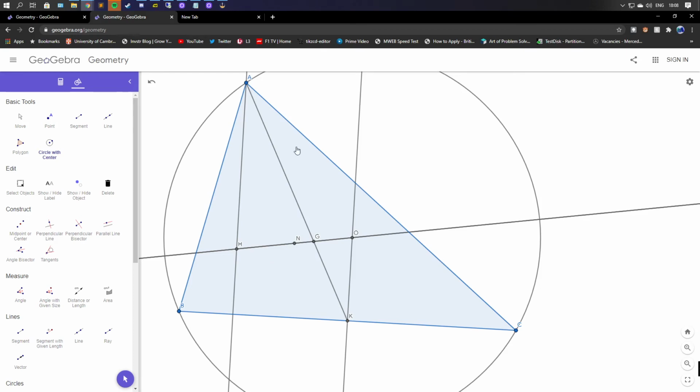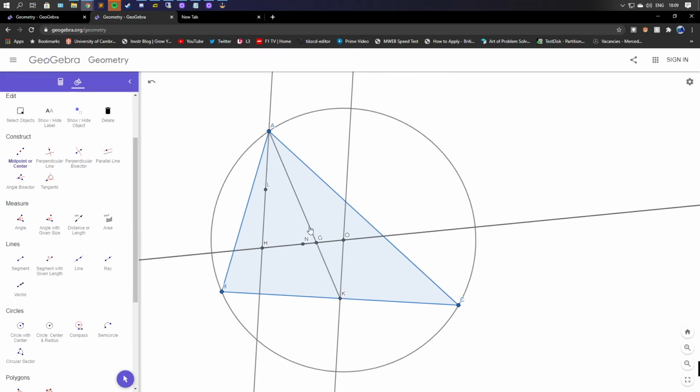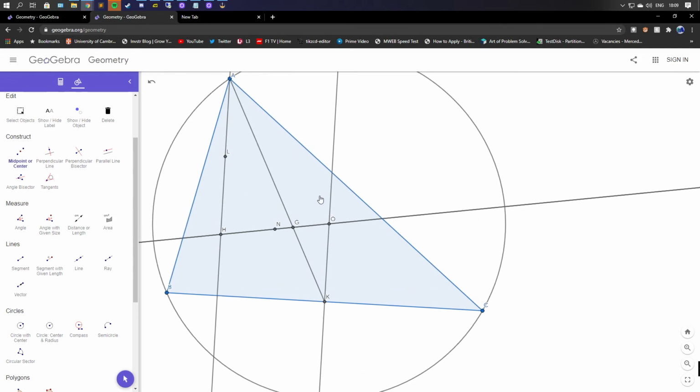Now, we know that AG over GN is in the ratio 1 to 2, so it would be convenient if OK to AH was in the ratio 1 to 2. So let us draw the midpoint of AH. And we want to show that LH and OK are the same length.